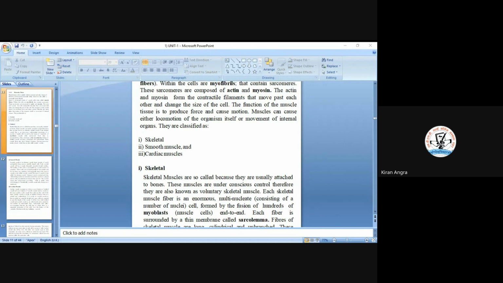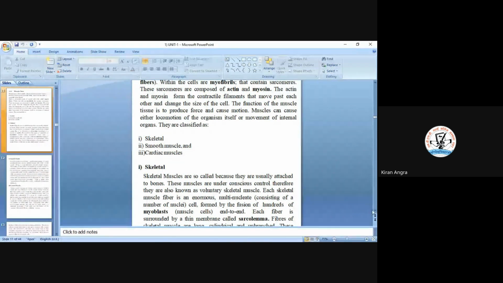Skeletal muscles are so called because they are usually attached to the bones. Skeleton means your skeletal system, consisting of the different bones. These muscles are under conscious control, which means they are voluntary.